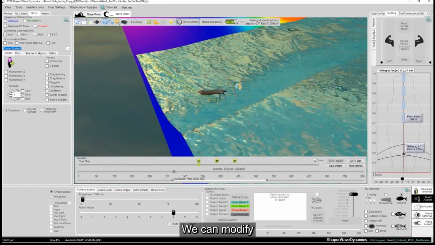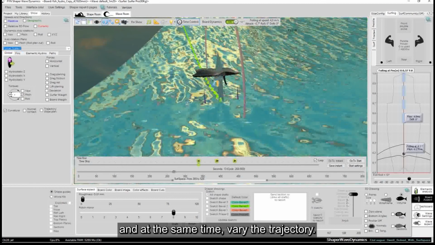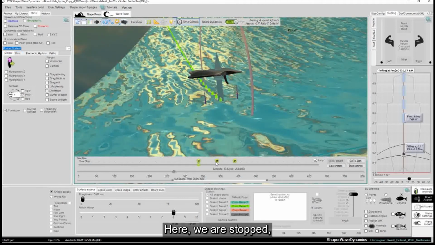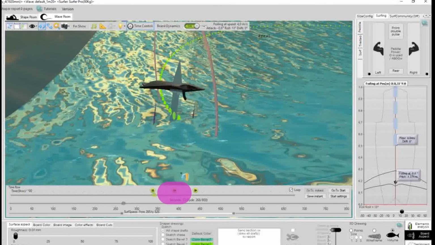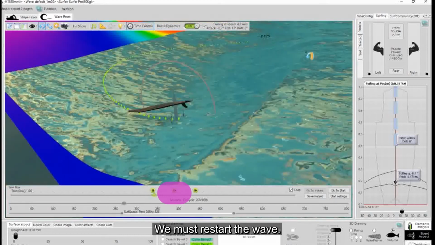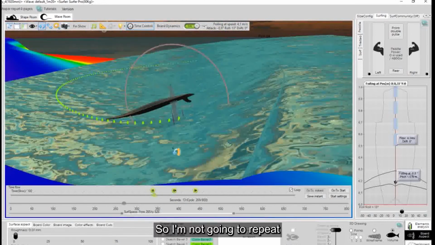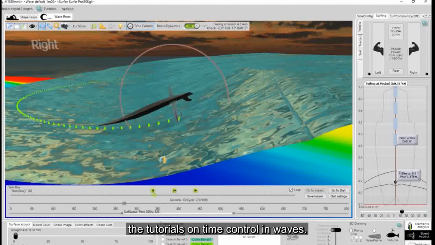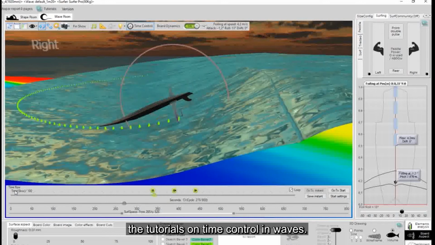We can modify the angle of the foil here, and at the same time, vary the trajectory. Here, we are stopped. We must restart the wave. So I'm not going to repeat the tutorials on time control in waves.